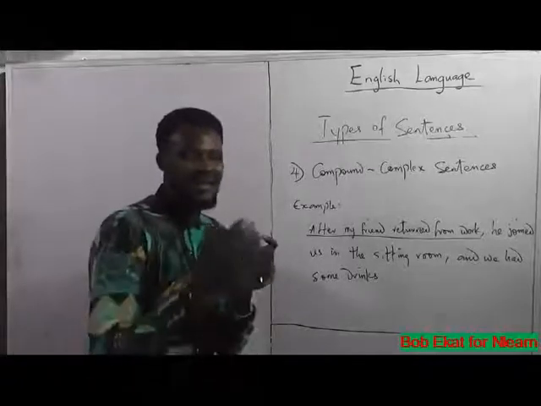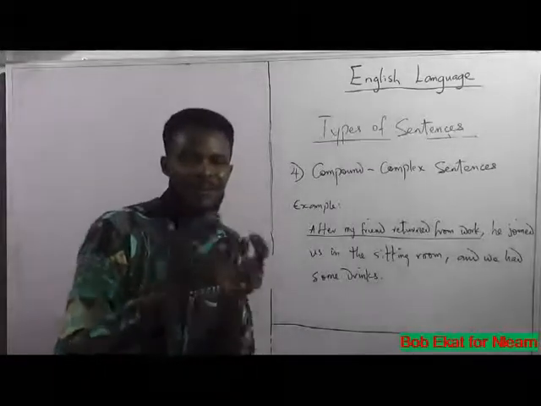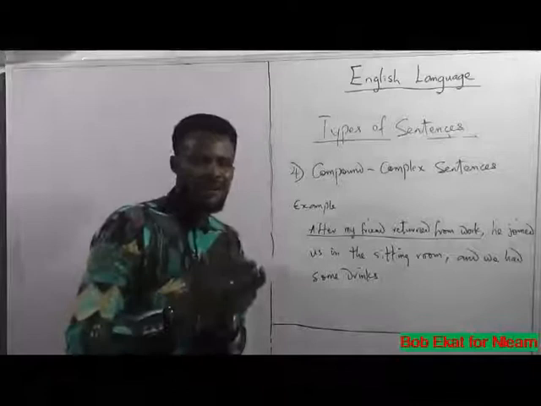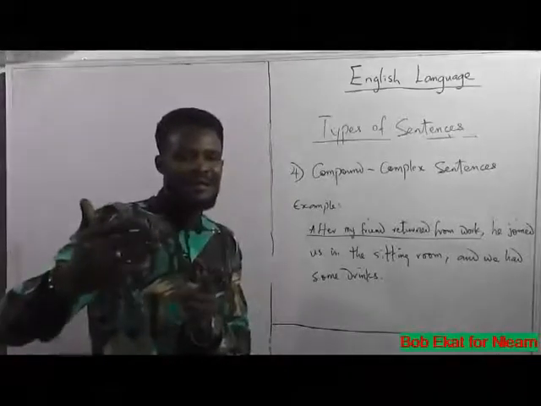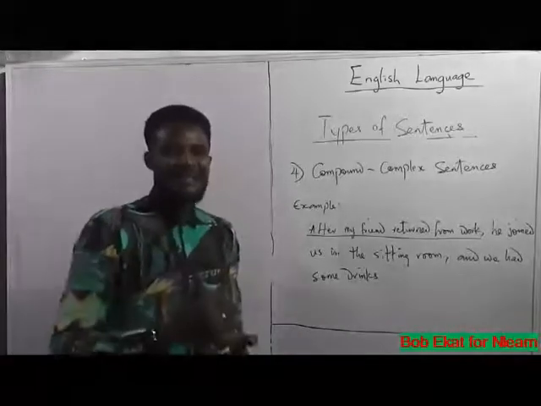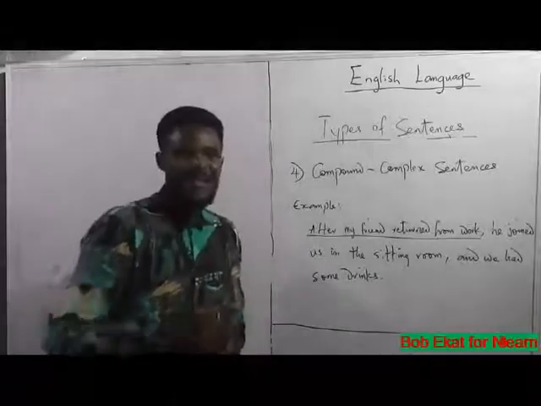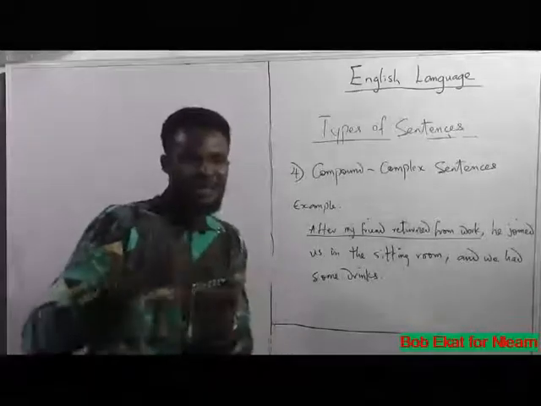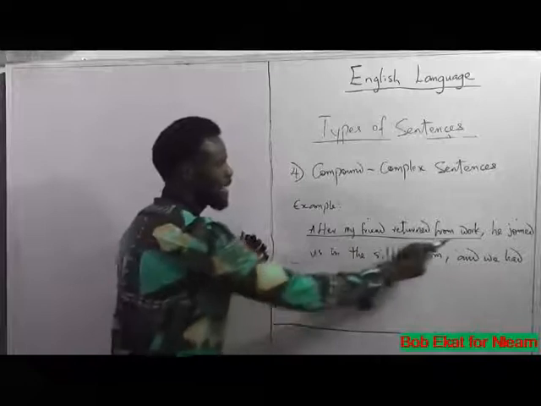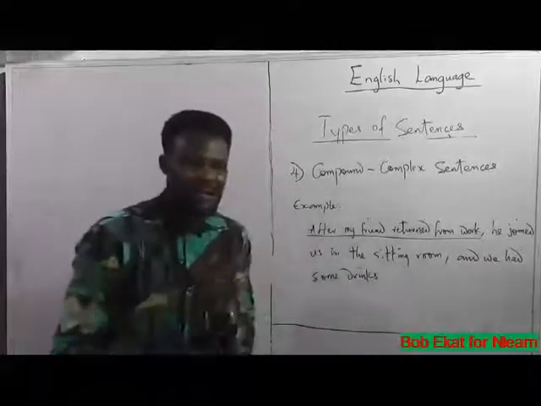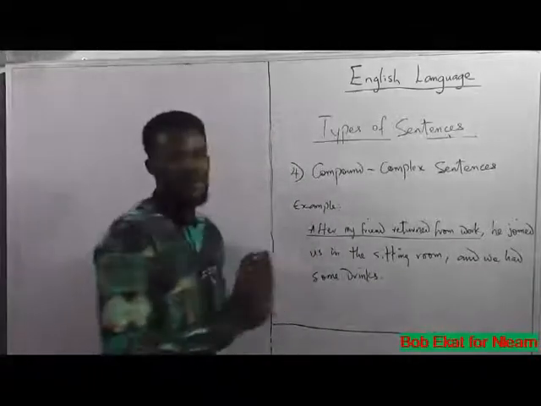It cannot express a complete thought. It has to depend on an independent clause, an additional clause, to make sense. So this clause here does not make sense because it has after.